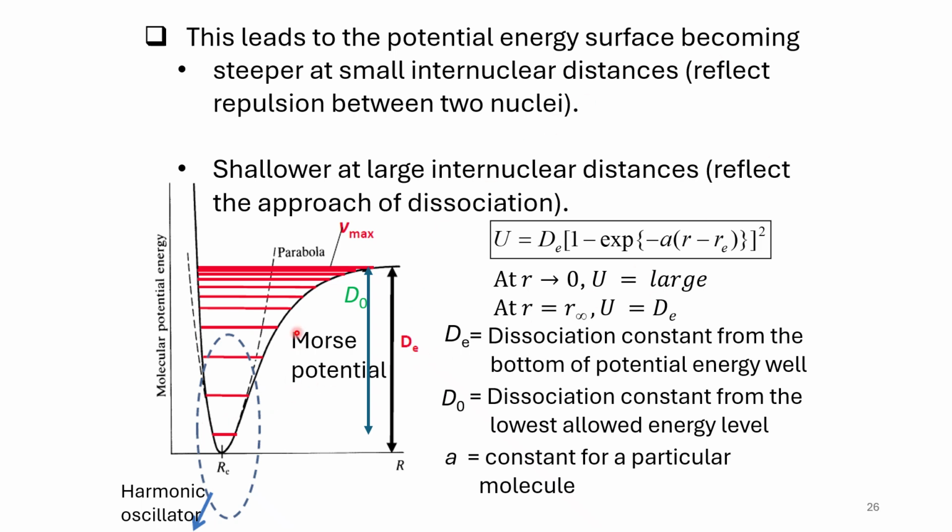That's why we learn the simple harmonic oscillator at the beginning of the vibrational motions of the molecule. Then we have another parameter known as D subscript 0. This is the dissociation energy from the lowest allowed energy level, which is at v equals 0.